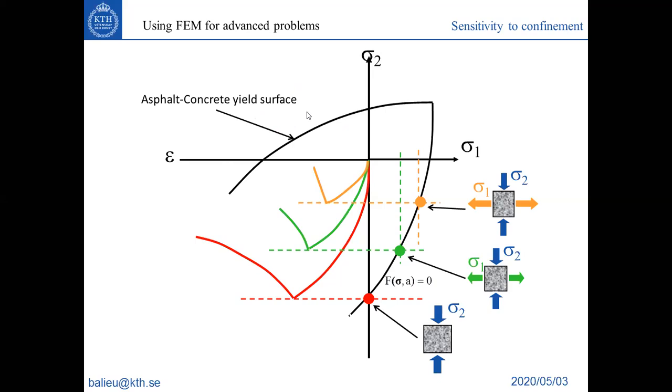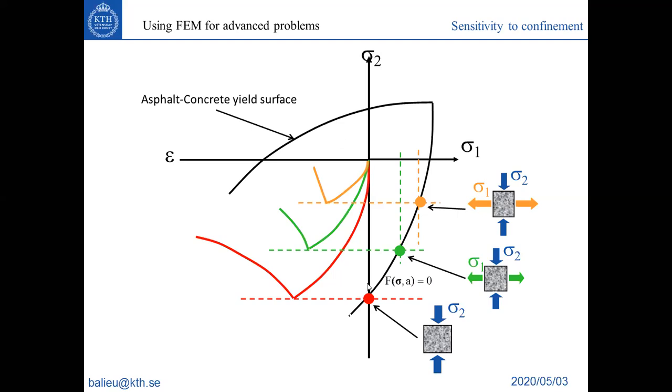So this is a complex yield surface, which is, for instance, for a lot of materials, for instance asphalt concrete. This is also the case for materials like soil. So you will certainly see this with SADC during the next lecture.